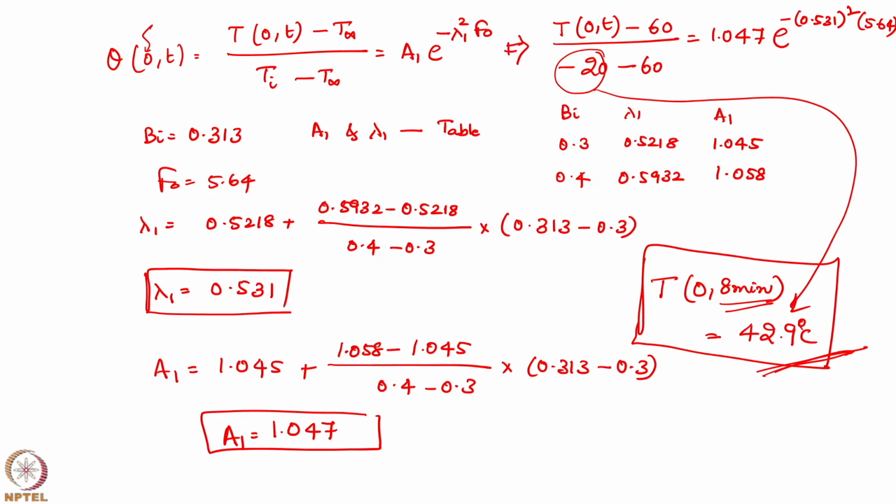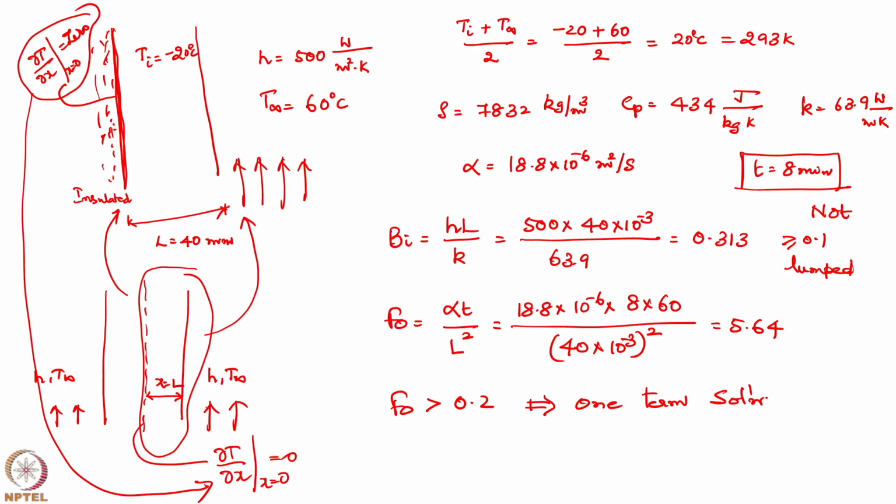The next question is, what is the heat flux in watt per meter squared at the plane wall at t equal to 8 minutes? By convection, what is the heat transfer rate it is losing here?